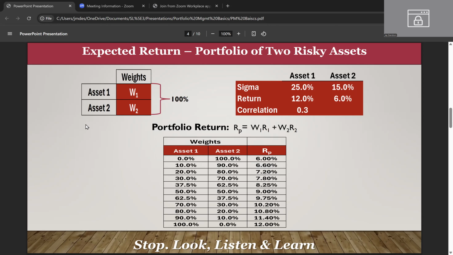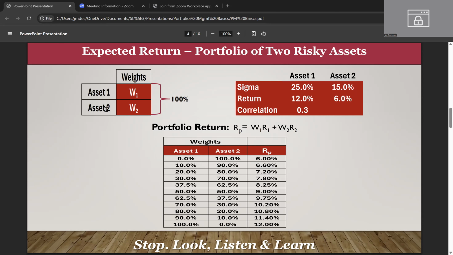But the important point is that we're going to take whatever money or assets or resources we have at our disposal, and we're going to invest those resources in assets one and or two, right? So we have a few options here. One option would be to invest all of our resources into asset one and none of our resources in asset two.